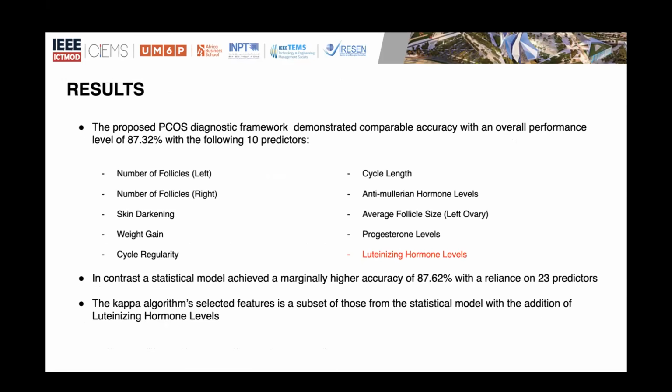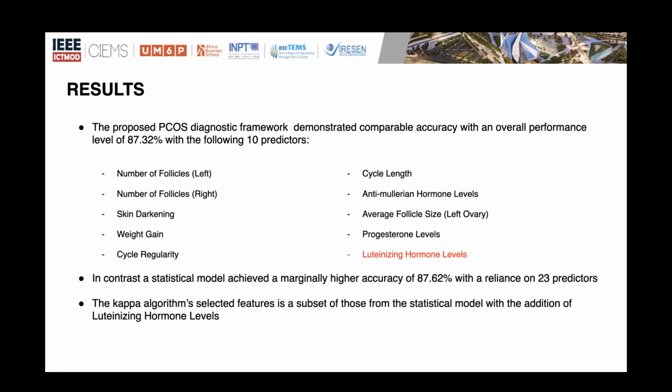So a bit on the results. The proposed PCOS diagnostic framework demonstrated comparable accuracies with an overall performance level of roughly 87% with the following 10 predictors that we see on screen right now.